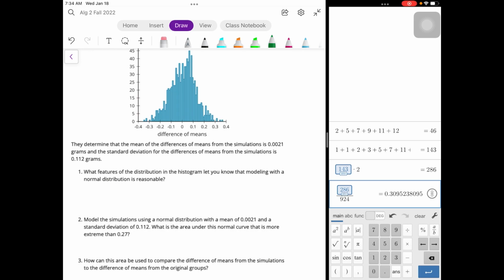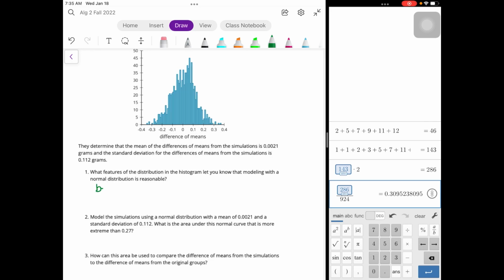What features of the distribution in the histogram let you know that modeling with a normal distribution is reasonable? Well, it definitely looks bell-shaped, and it's symmetric. And so you can see that a normal distribution is appropriate there.